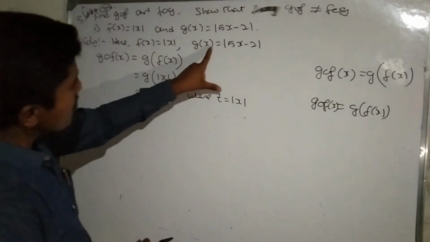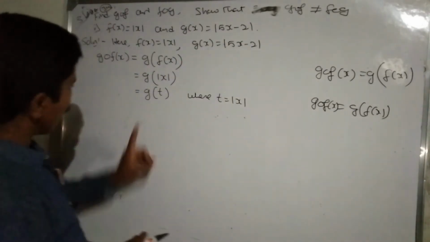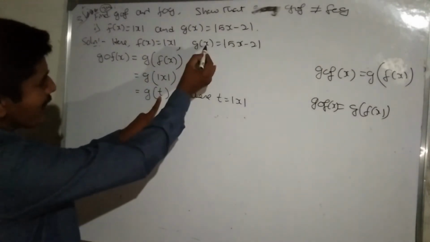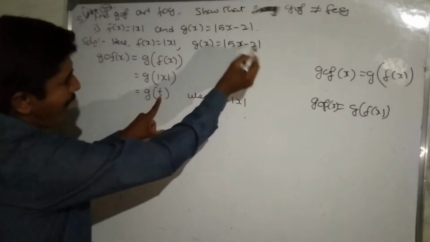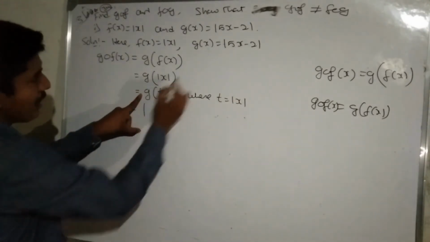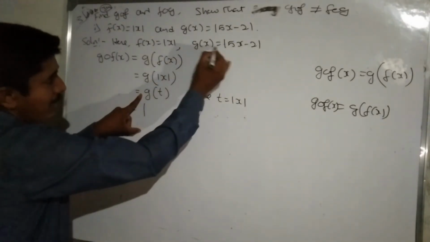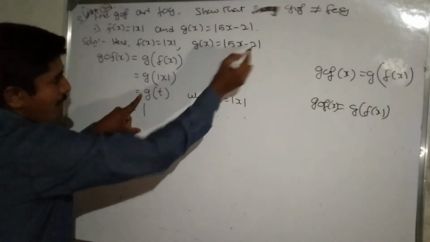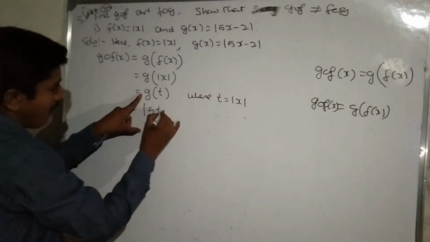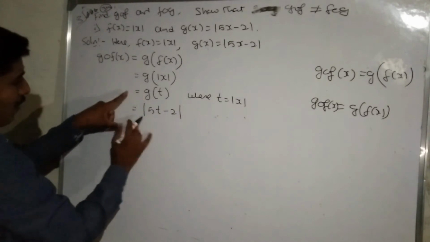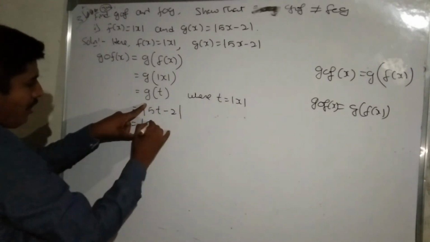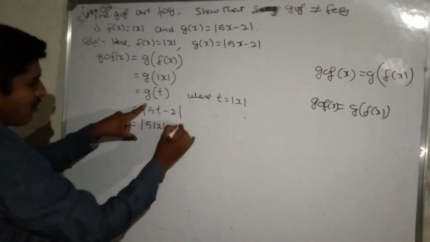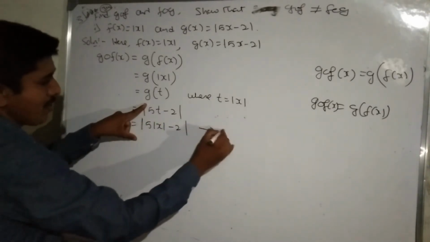Here we have g of x equal to modulus of 5x minus 2. G of t means replacing x by t. G of t is equal to modulus of 5t minus 2. Substituting the t value, it is modulus of 5 into modulus of x, minus 2, whole modulus. Call this equation 1.